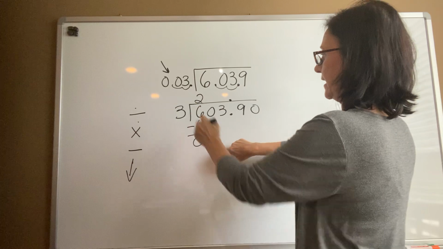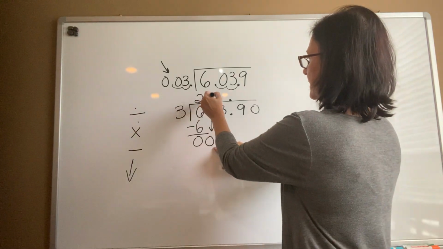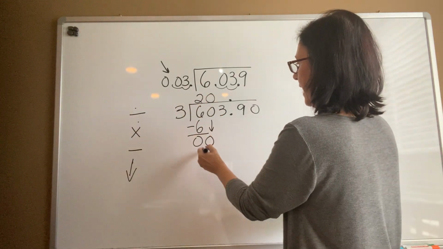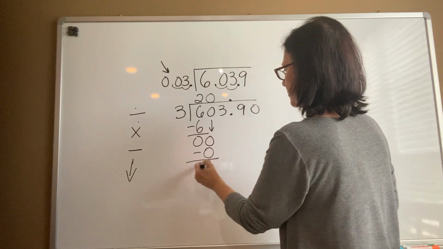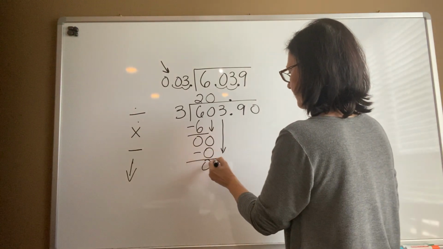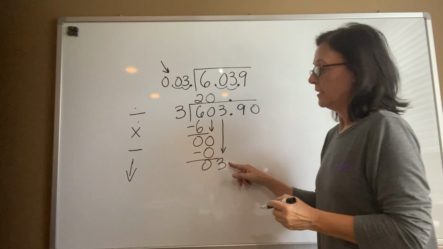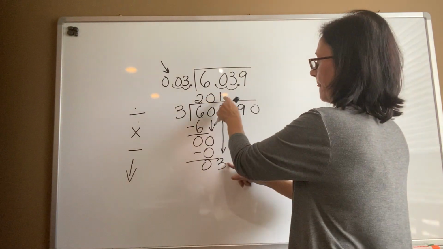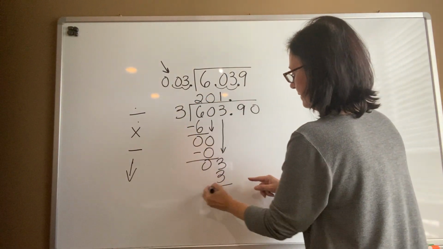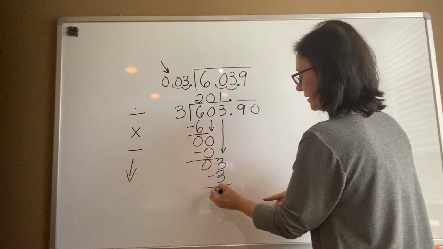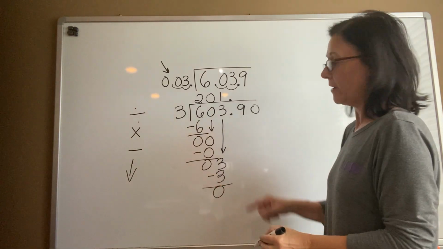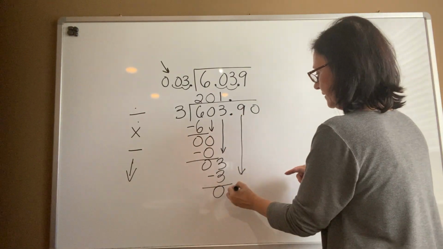Now I go back to dividing. 0 divided by 3 is 0. I divide, I multiply, I subtract, now I bring the 3 down. I divide. 3 divided by 3 is 1. I multiply. I subtract. 3 minus 3 is 0. I bring down the 9.